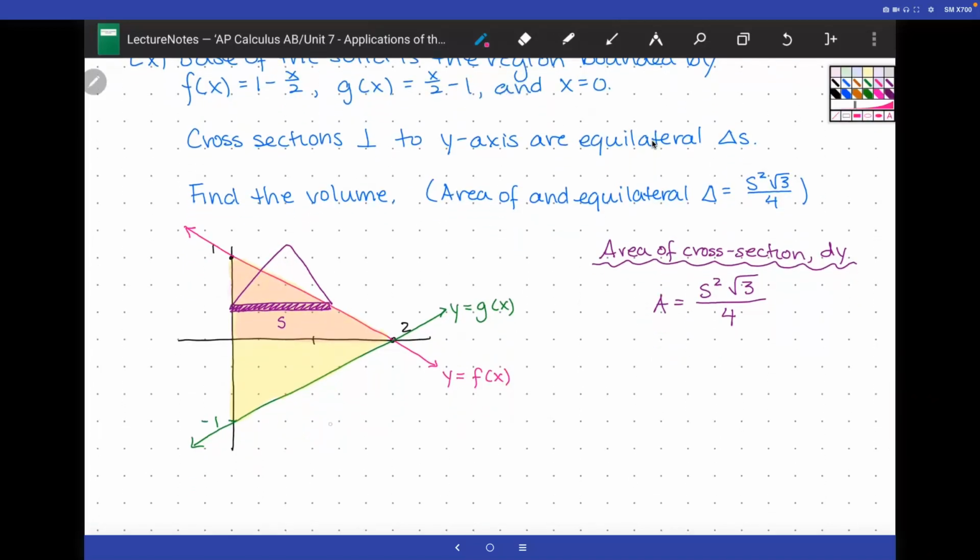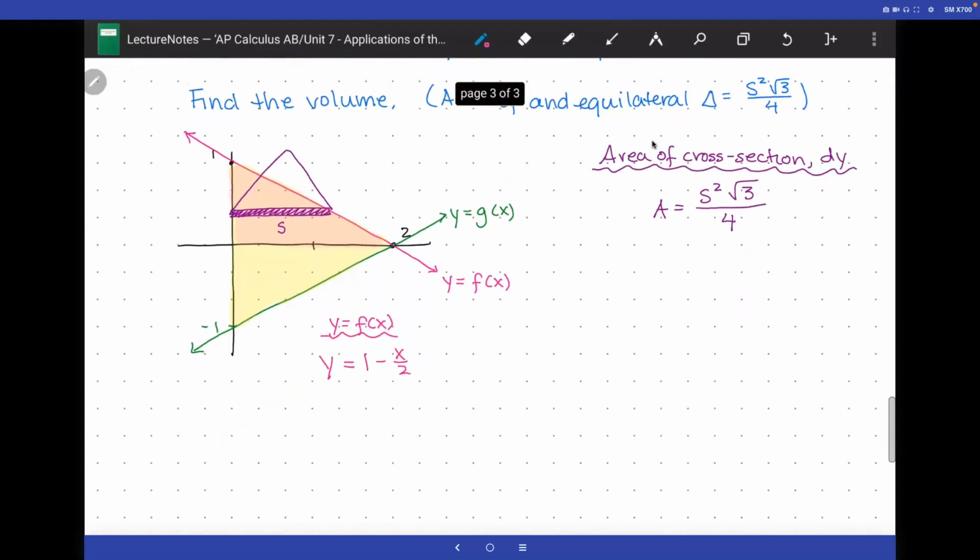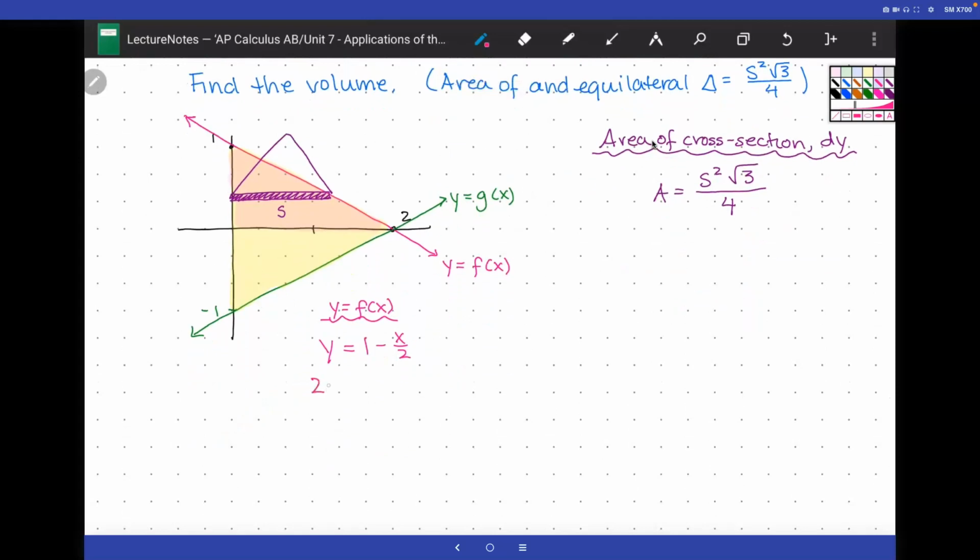But I do have to rewrite that function in terms of y. So right now, for y equals f of x, we have y equals 1 minus x over 2. I'm just going to solve that for x. I'll multiply everything by 2, and x equals 2 minus 2y.